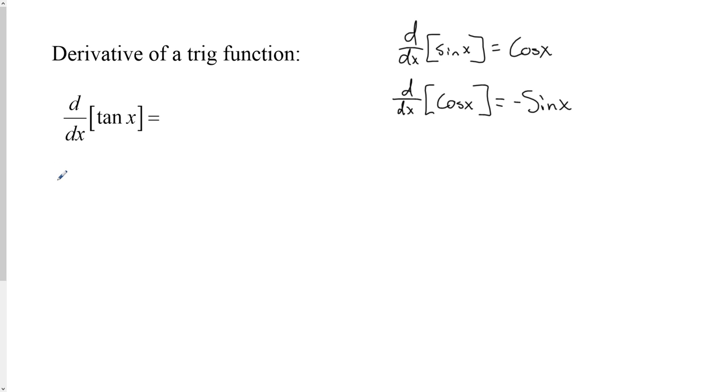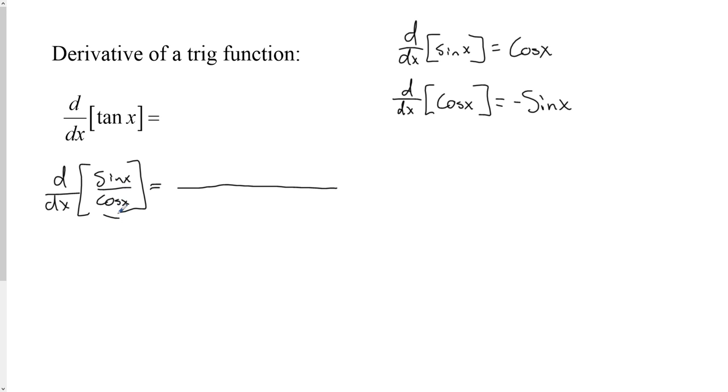So tangent x is really the quotient of sine and cosine. And so we can rewrite this as d over dx, I haven't taken the derivative yet, of sine x over cosine x, which are two things that I know. That being said, I'm using the quotient rule here.